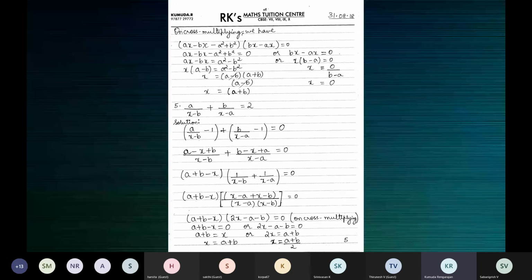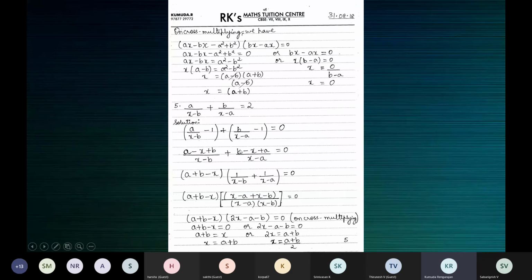So 5, you should do it yourself. Same thing, LCM. Then the numerators are the same: a minus x plus b.